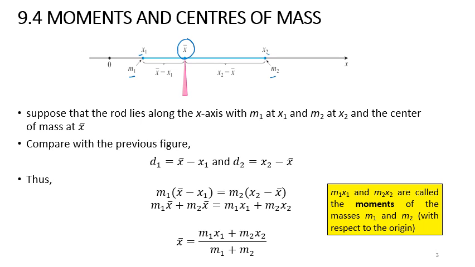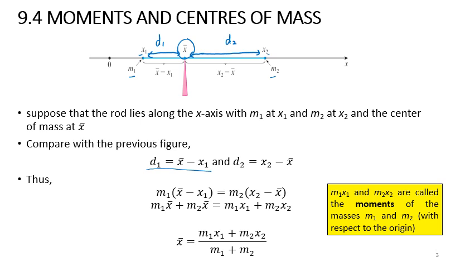Let's compare this system with the previous figure, where the length d1 is this distance. So d1 equals x bar minus x1, and this is the length d2, so d2 equals x2 minus x bar.